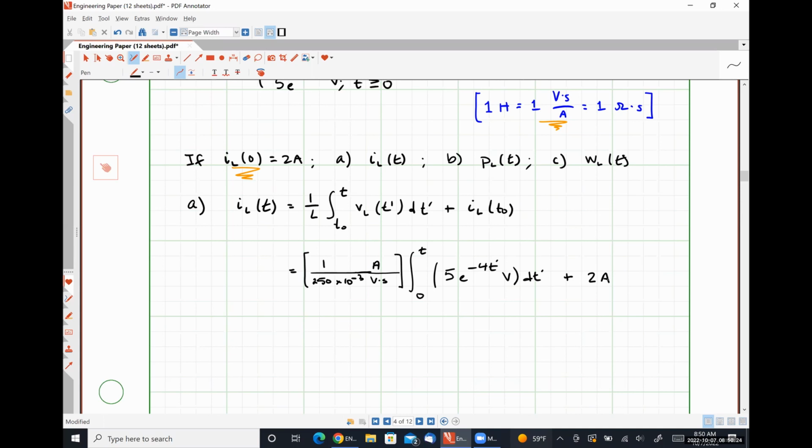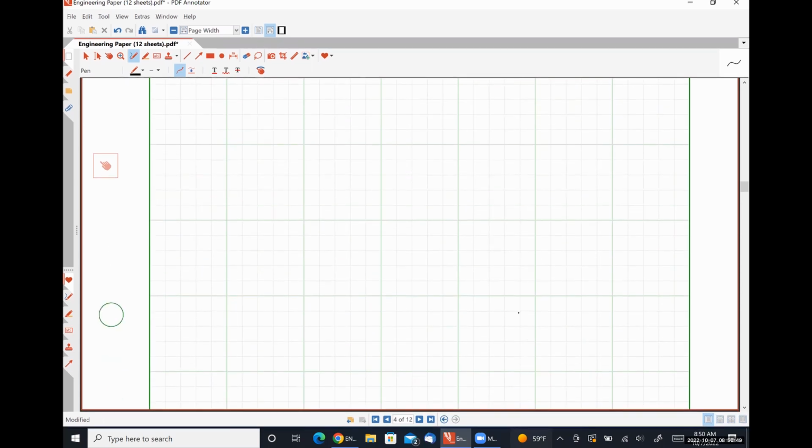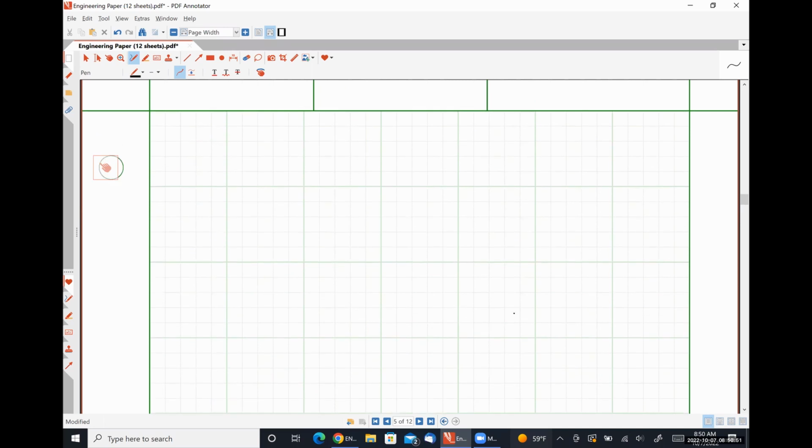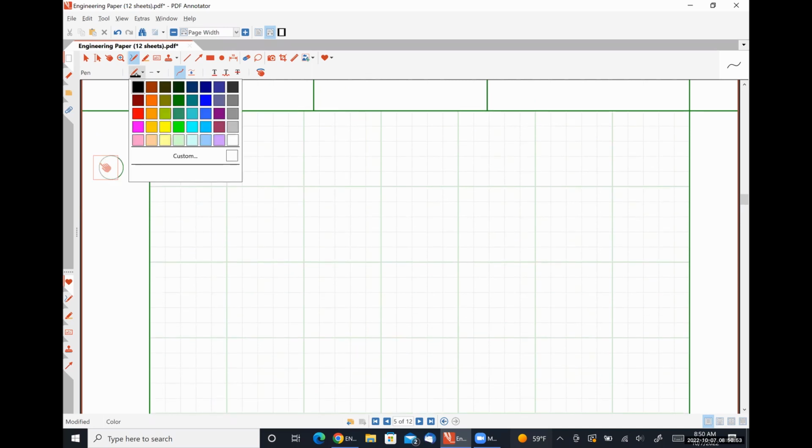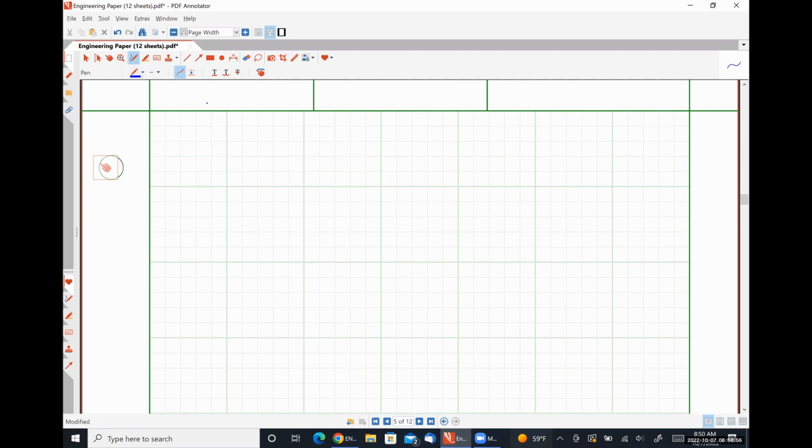All right, so how do I take the integral of an exponential function? I'm going to go to the next page here, and we're going to walk through these rules very, very briefly.